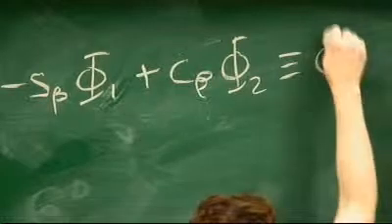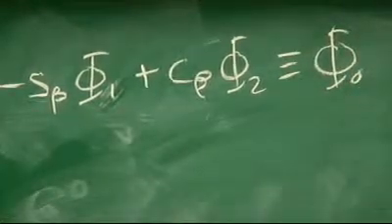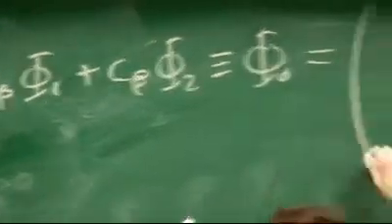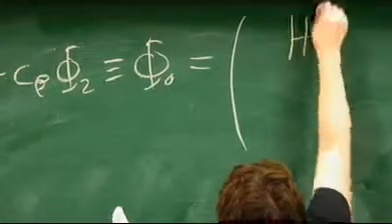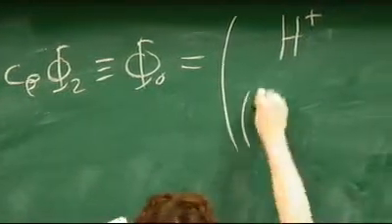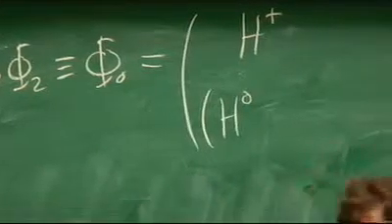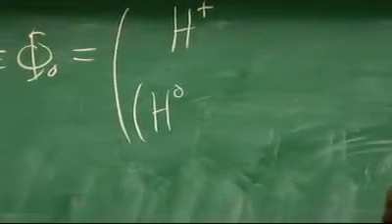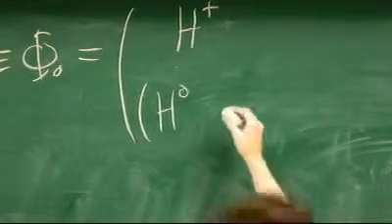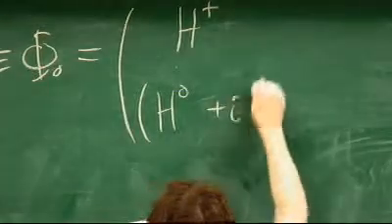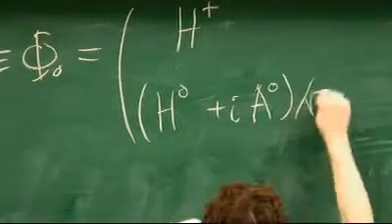Let me call that phi 0 to reflect the fact that it's going to have 0 vacuum expectation value. It contains the charged Higgs. It contains big H. When you rotate the vacuum expectation values this way, you get 0. Okay? And it'll contain the thing orthogonal to the neutral Goldstone boson as well.